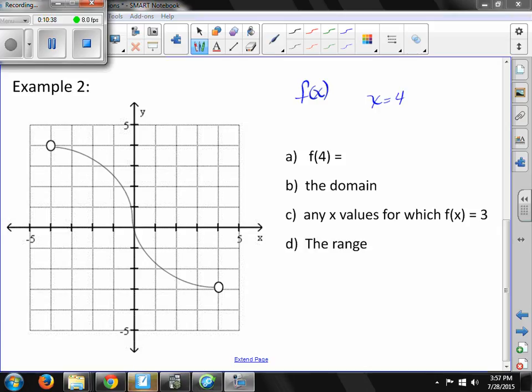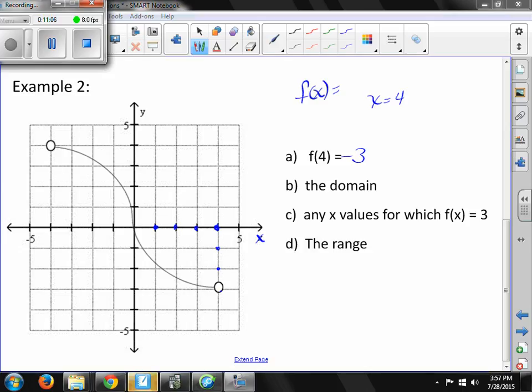So when x is 4, here's the x-axis, there's 1, 2, 3, 4. The y value goes down here to 1, 2, 3, or we could say -1, -2, -3. So when x is 4, the y value is -3.